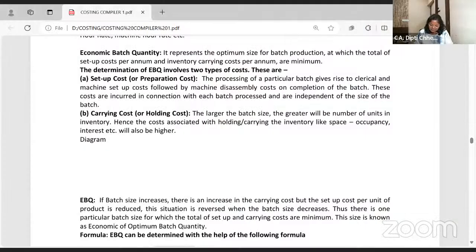Yeah, in our material also job and batch costing are all covered in one list only. All right, here we go.